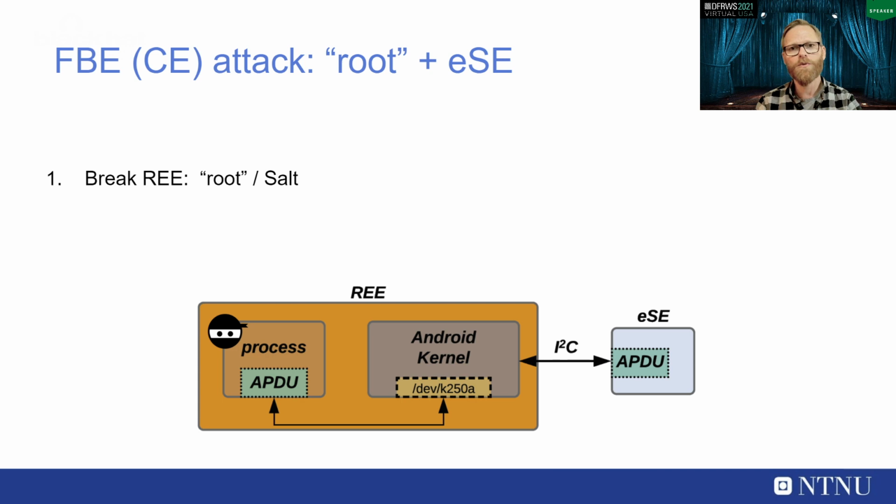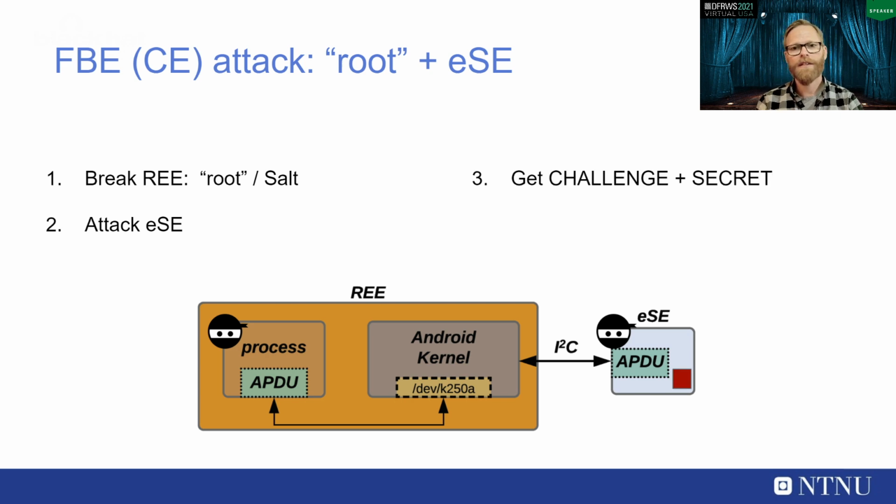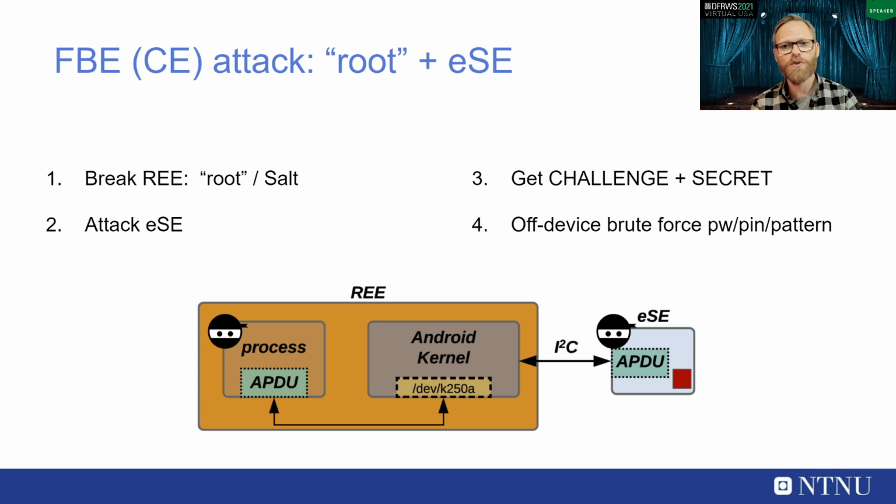If we can assume we can do that, we can attack the secure element through its logical interface. Then we can attack the secure element chip and gain hold of the challenge and the secret, and mostly the challenge is what we need to do brute force. Then we can do off-device brute force of this screen lock credential. This sounds simple enough.